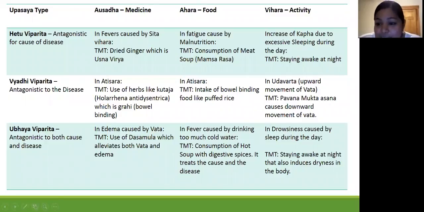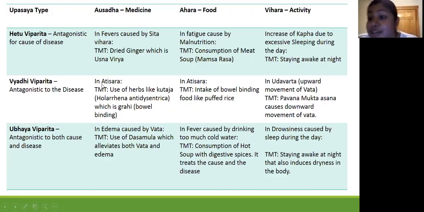Now, the next type of upashaya is Vyadhi viparita. Okay, so this is antagonistic according to the disease. It's not necessarily addressing the cause, but it is addressing the disease itself. An example of this, in the case of atisara or diarrhea, is using herbs like kutaja. Kutaja has the quality that it is grahi, it is bowel binding. When we use this medicine, we are trying to address the disease itself.